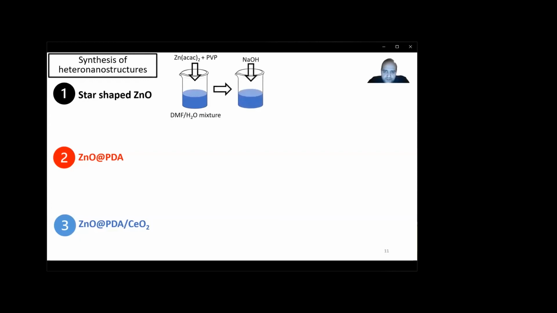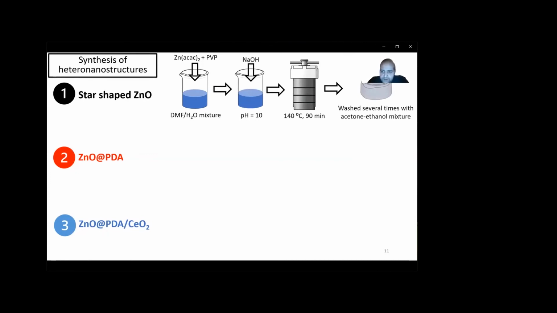We set pH to 10 with sodium hydroxide solution, and we used an autoclave for a hydrothermal reaction at 140 degrees Celsius for 90 minutes, and using the centrifugation decantation method, we washed several times with acetone and ethanol mixture.